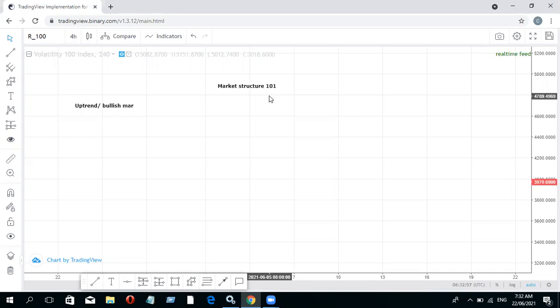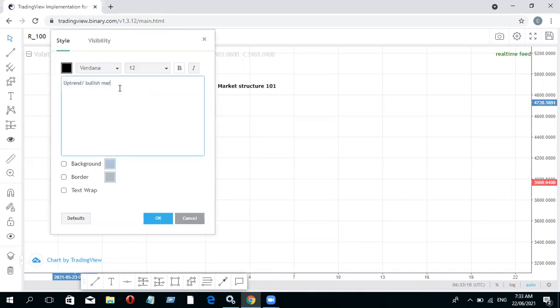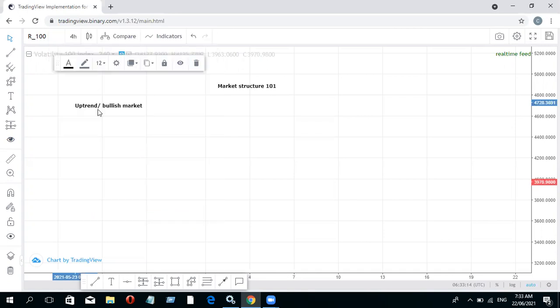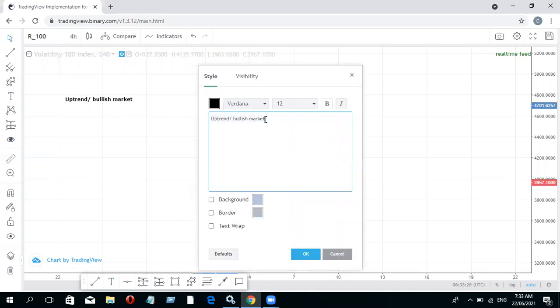For anyone to trade the market effectively, you need to know the direction bias of the market, and this is known with the types of markets. Firstly, we have the bullish or uptrending markets. Then we have the bearish or downtrending markets.